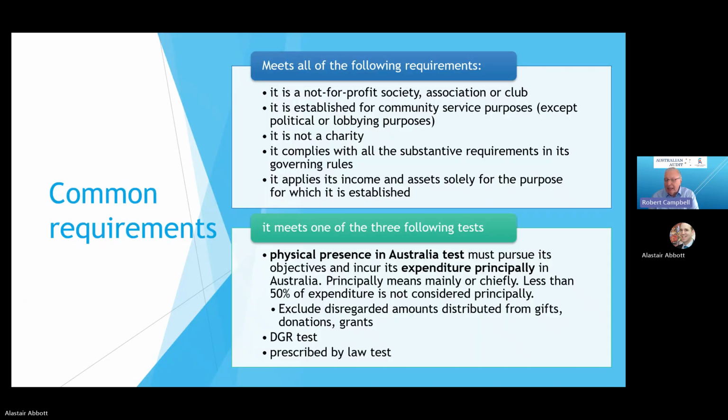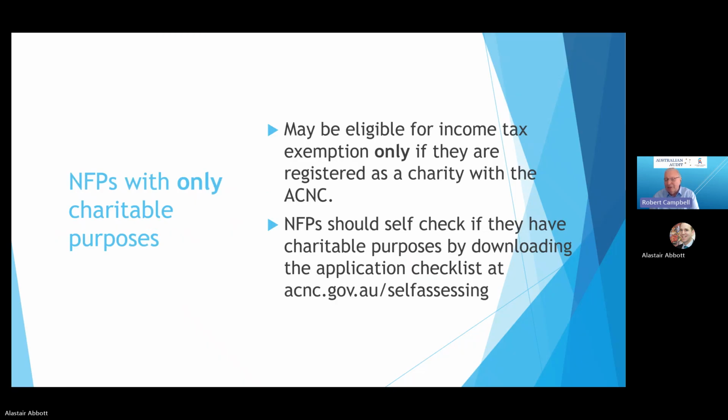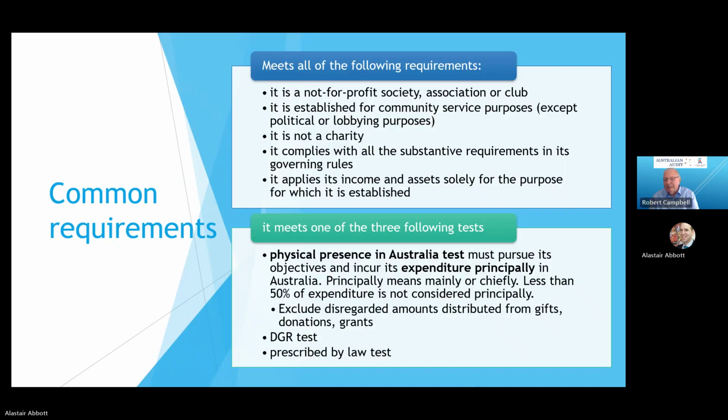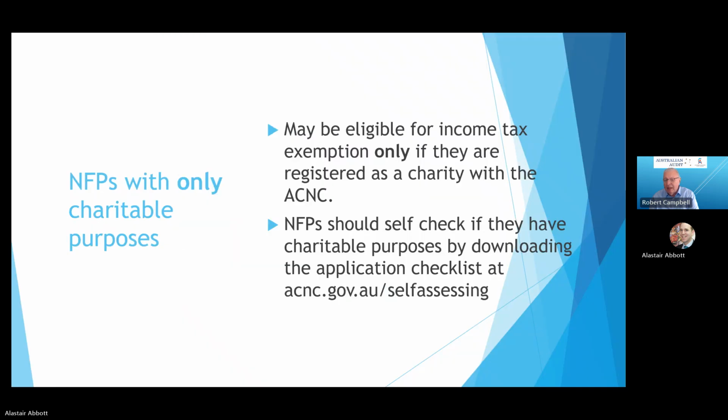NFP should check if they have, let's move to these common requirements. So thanks, Al. Just go back to that last slide. So NFP should self-check if they have charitable purposes by downloading the application checklist from the ACNC.